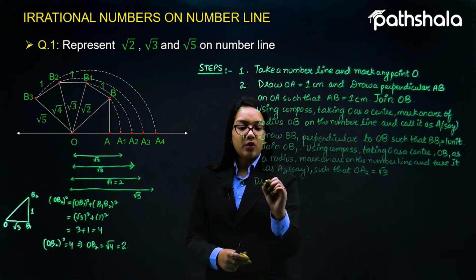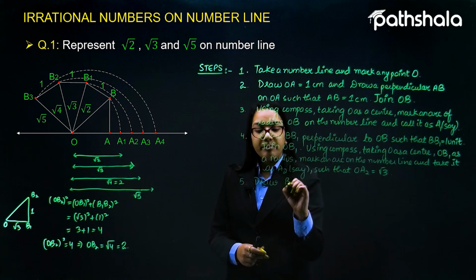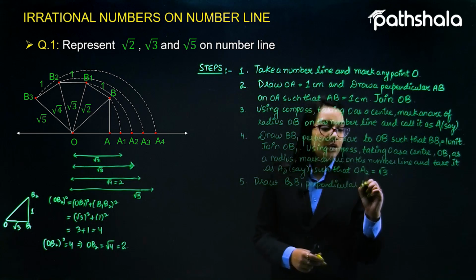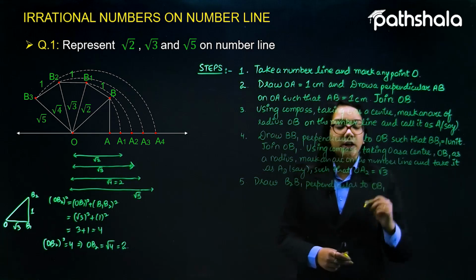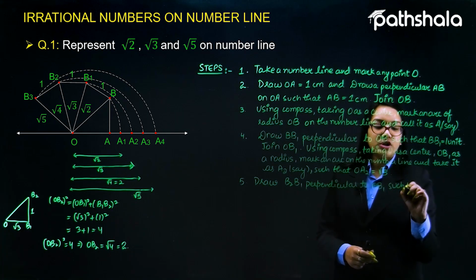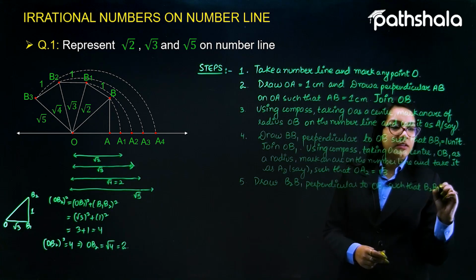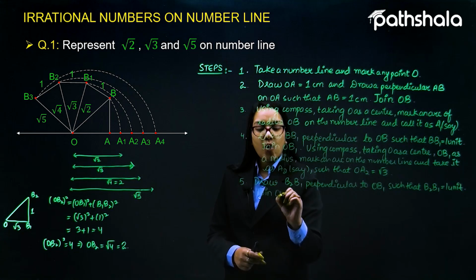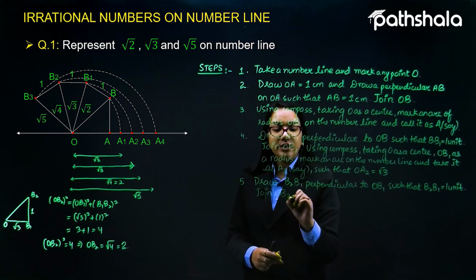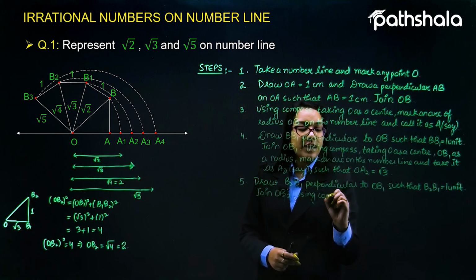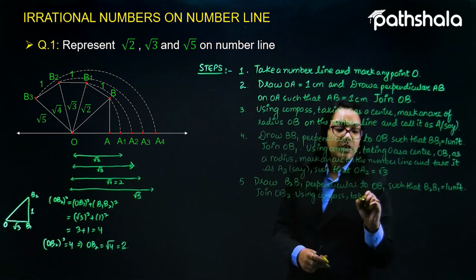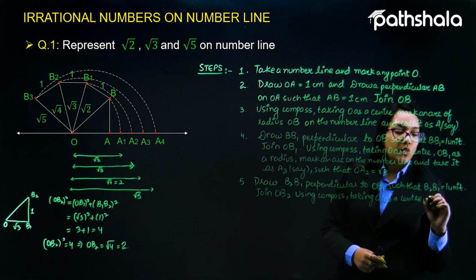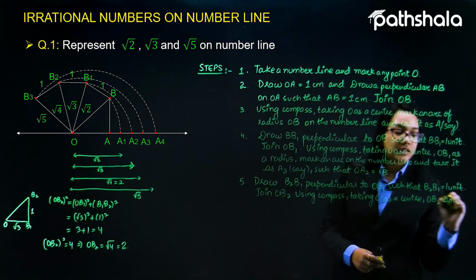Step 5: draw B2B1 perpendicular to OB1 such that B2B1 is again of 1 unit. Further, join OB2, using compass, taking O as a center, OB2 as a radius.